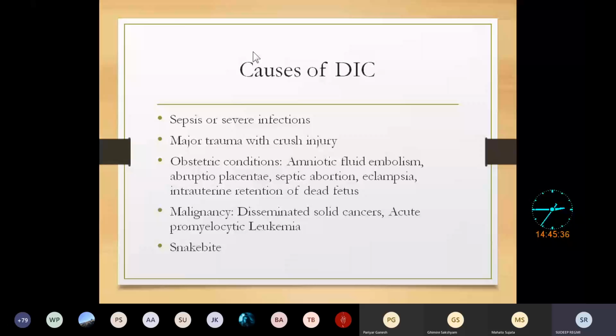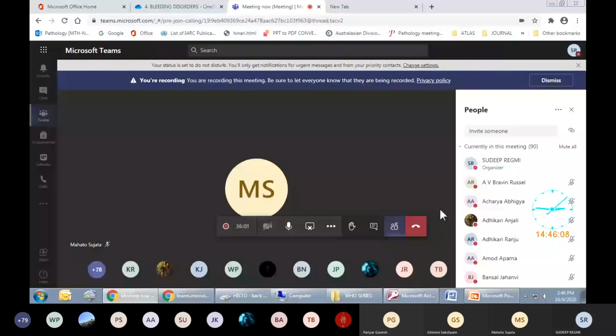Okay. Roll number 62. Roll number 62. Absent. Roll number 63. Okay.